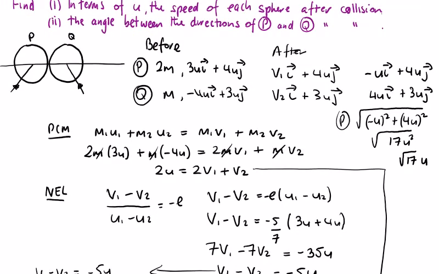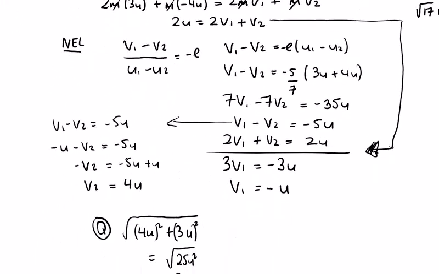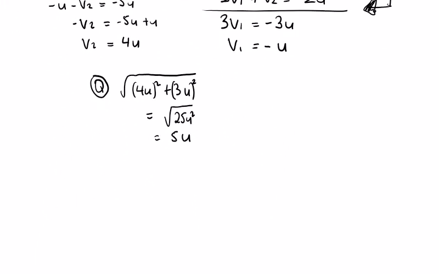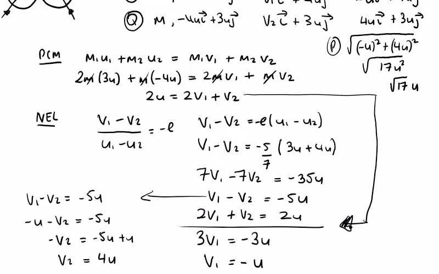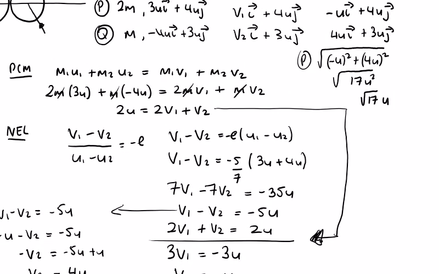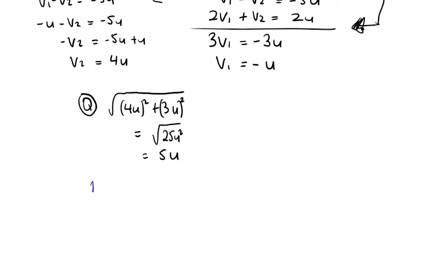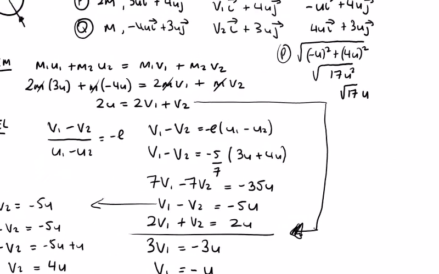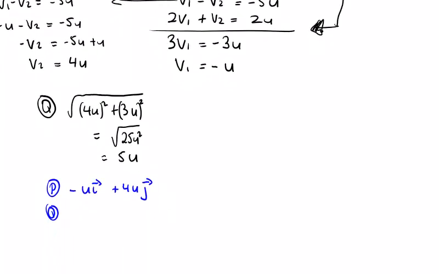The angle between the directions of P and Q after the collision. Okay, the angle between the directions. So let me just write down the velocities again afterwards. So we have minus u times i plus 4u times j. And for Q, it was 4ui plus 3uj.